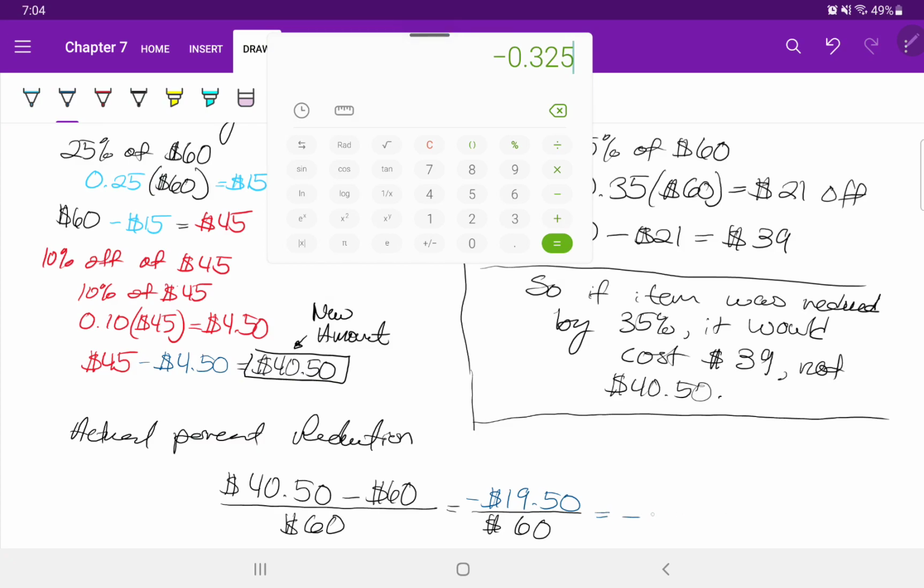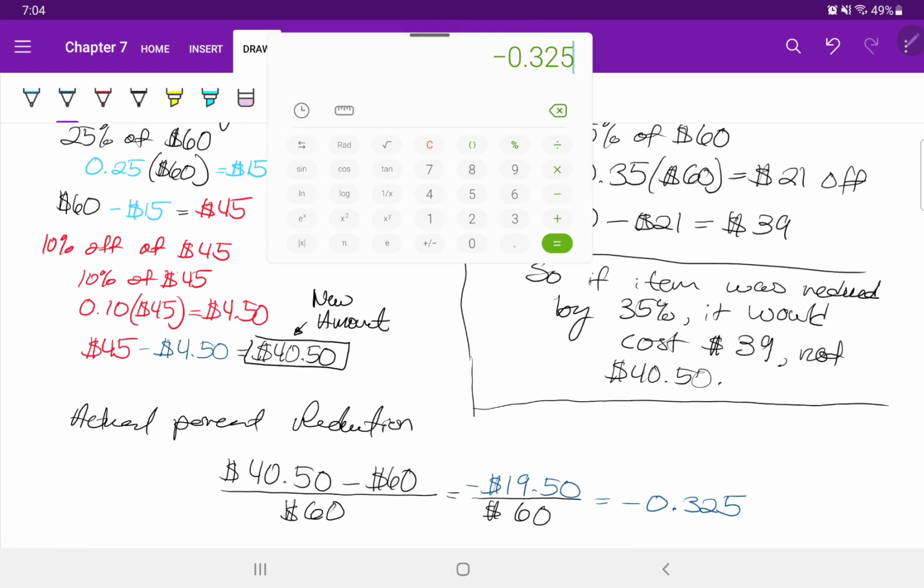Negative 0.325. And remember, we can multiply my decimal by 100 to turn it into a percentage.